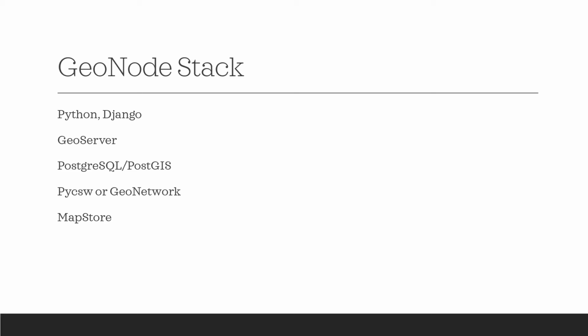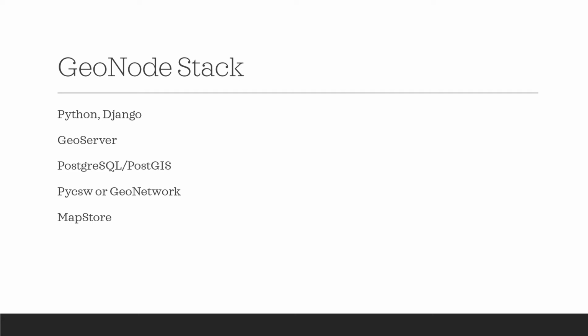So this is the Geonode stack. If you are a developer, you might have to know these techniques to customize your Geonode. First thing is it's a Python based application which uses Django in the backend, and then there is the GeoServer for managing your map layers and for storing the vector data and manipulating them.